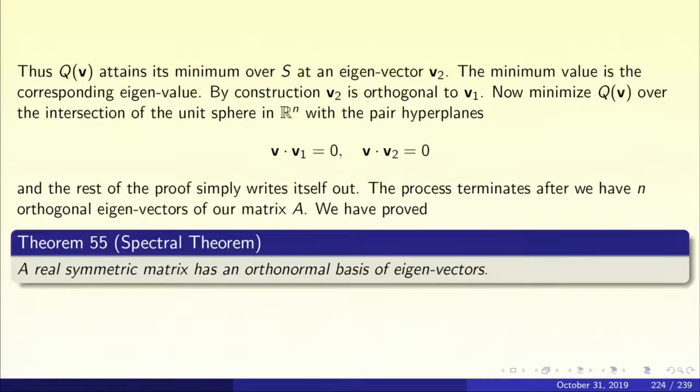It is very clear how to proceed further. Now to proceed further, we must minimize Q over the intersection of the unit sphere with two constraints. Now we again take a still smaller subset, namely unit vectors V which are perpendicular to V1 as well as V2, and you minimize over this smaller subset.